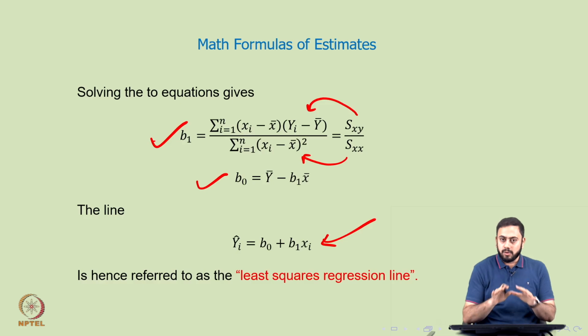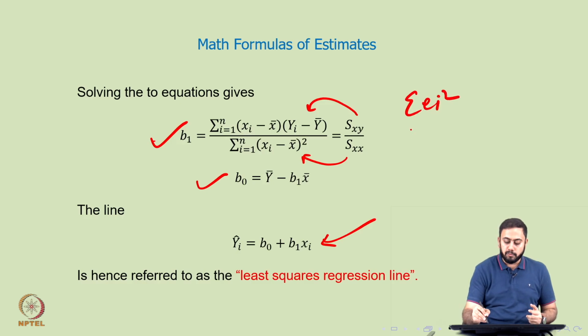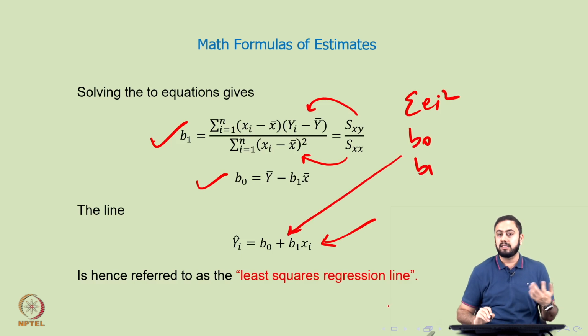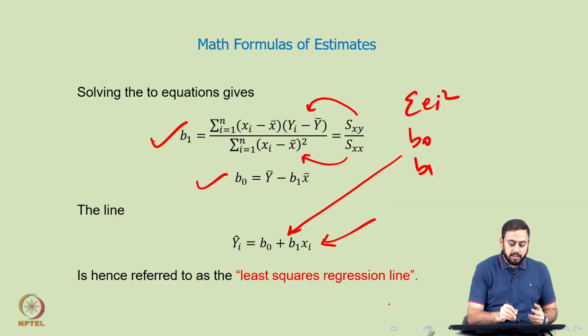To summarize, from the data you minimize summation ei square. Once you minimize summation ei square, it leads you to finding B0 and B1. Once you find B0 and B1, you feed them into this equation, which is called the least squares regression line. Now nothing is unknown here.